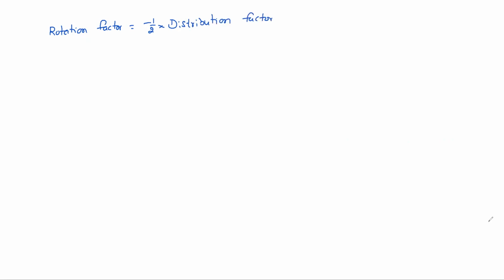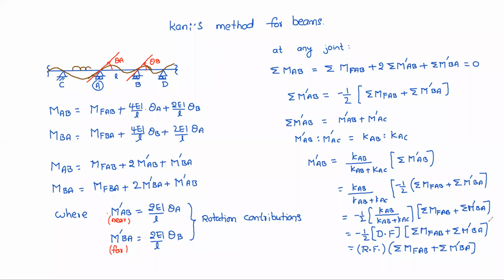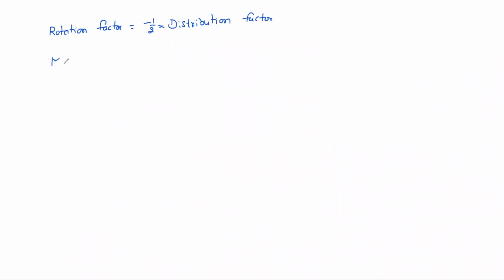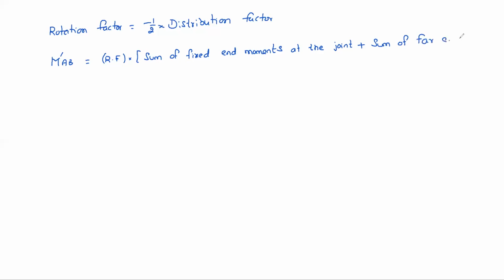And next thing, M dash AB. So that means near end rotation contribution equals rotation factor multiplied by the sum of fixed moments at the joint plus the sum of foreign rotation moments.